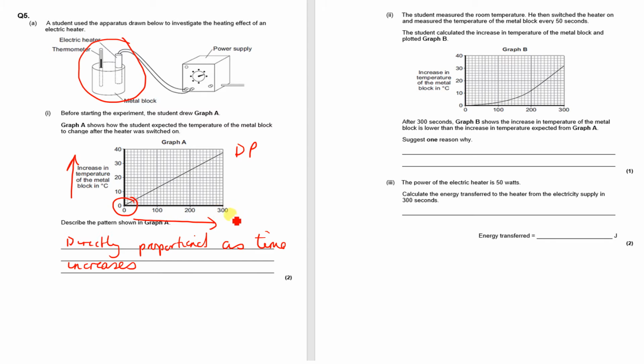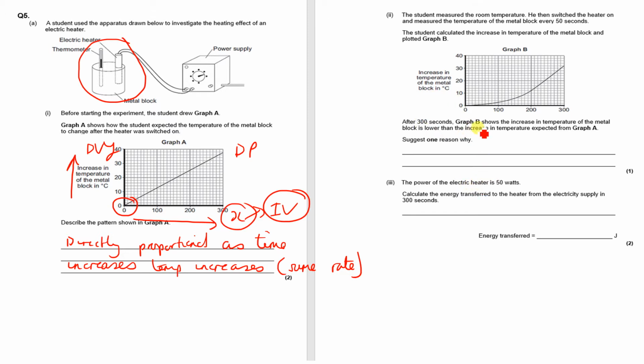Now remember, we always talk about the x-axis first. So as we change the x-axis, what happens to the y-axis? Because the x-axis, remember, is the independent variable. So as we change the independent variable, what is happening to the dependent variable? So as time increases, the temperature increases. And this is happening at the same rate because it's directly proportional.